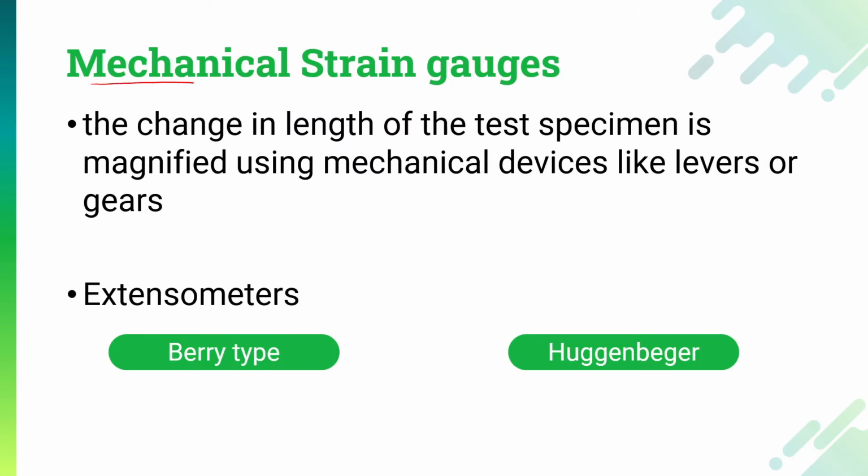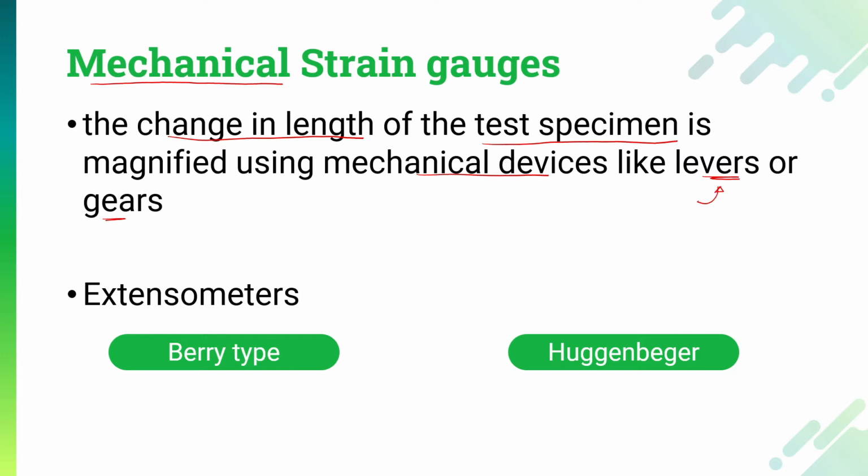Now mechanical strain gauges basically use mechanical devices like levers and gears to magnify the change in length that is made on the test specimen during stress testing. This type of strain gauge was initially developed as an extensometer, and it initially used a simple lever mechanism.